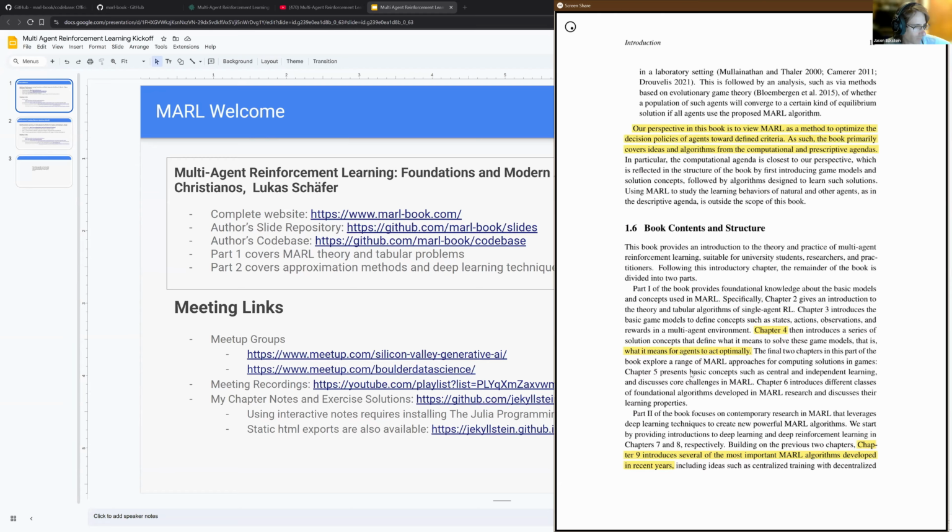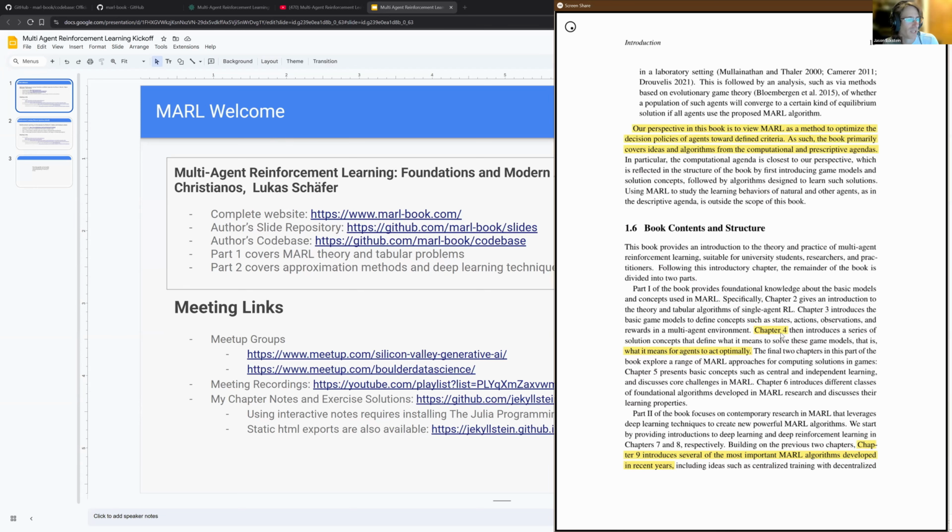And then there's some material which ends up repeating background information from reinforcement learning. But really, it's chapter 9 where we get into the more recent algorithms that are actually used in practice in trying to solve these problems. So, we'll see how long it takes for us to actually get there.